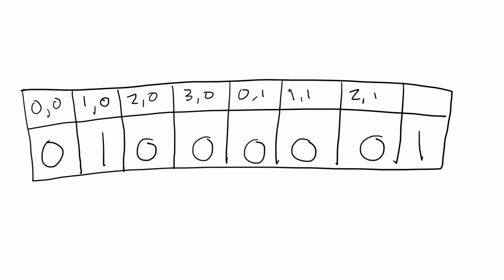So this first bit will be stored in pixel 0, 0. The second bit will be stored in pixel 1, 0, third in 2, 0, fourth in 3, 0. And then we go down to the next row.